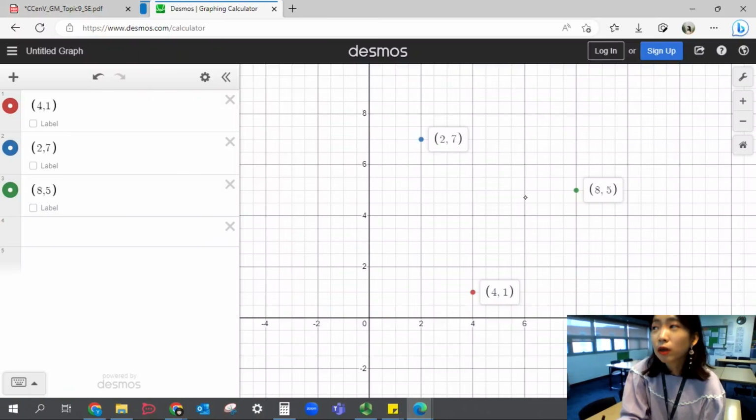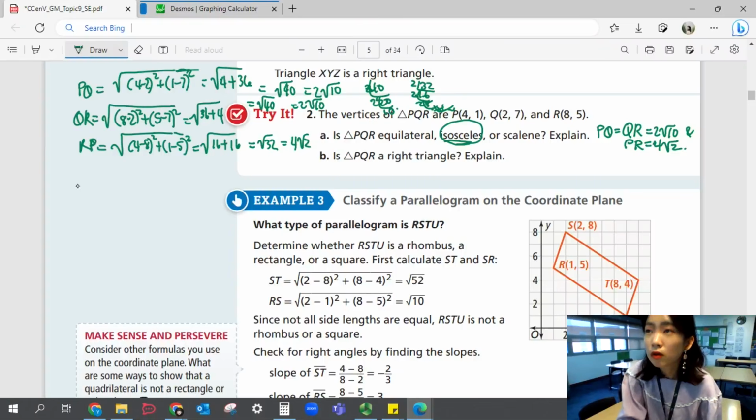So first of all, we want to figure out the slope for this one. And we want to figure out the slope for that one. So the slope of QR and the slope of RP. Figure it out. So the slope equation is y sub 2 minus y sub 1 over x sub 2 minus x sub 1.